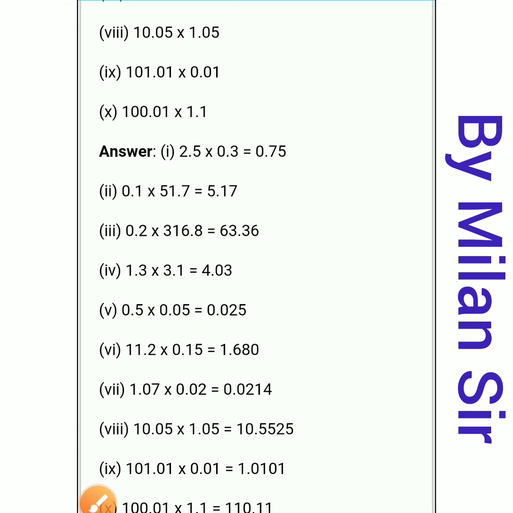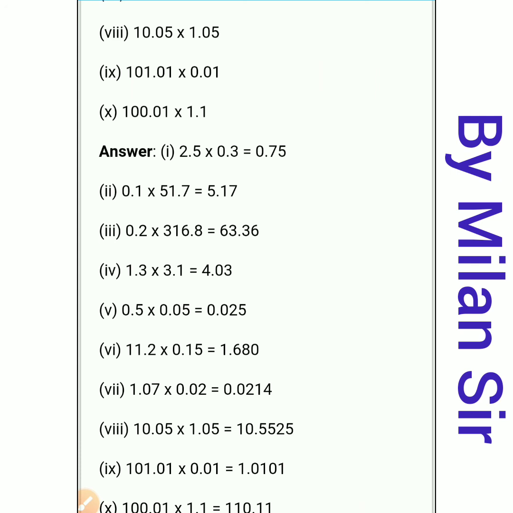So for the multiplication of decimal numbers, first of all we need to ignore the decimal point, then we need to do the multiplication process, then we need to count the total digits present after the decimal point in the question.